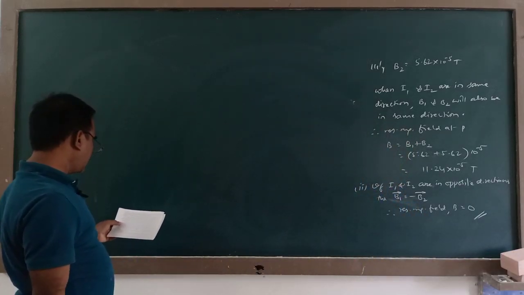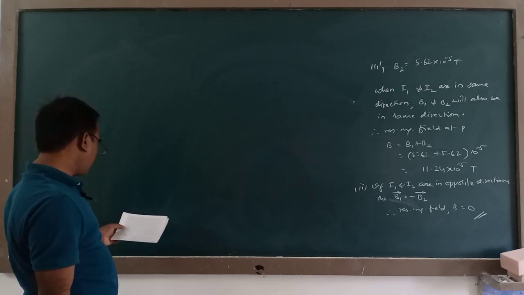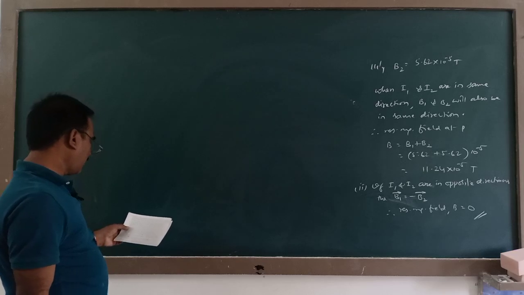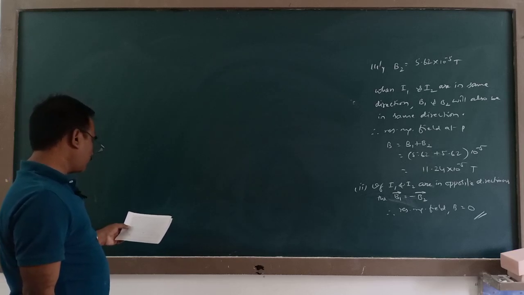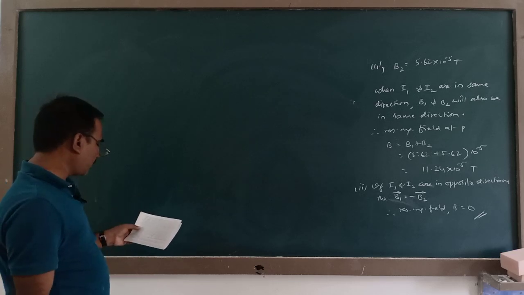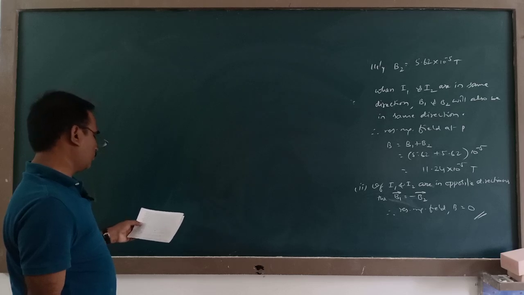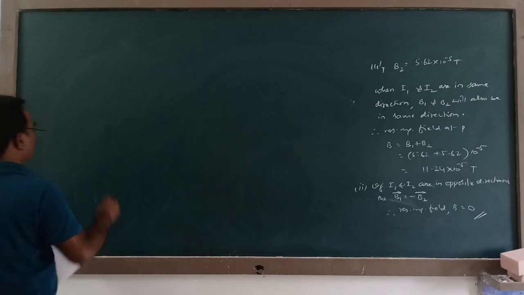Two identical coils, each having radius 0.1 meter and 10 turns, are placed coaxially with their centers separated by 0.1 meter. A current of 4 amperes flows through one coil. Find the current in the opposite direction through the other coil so that the resultant magnetic field at its center is 0. So first we shall draw this diagram.